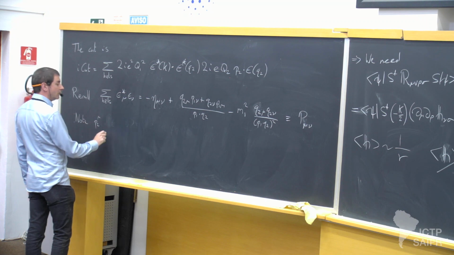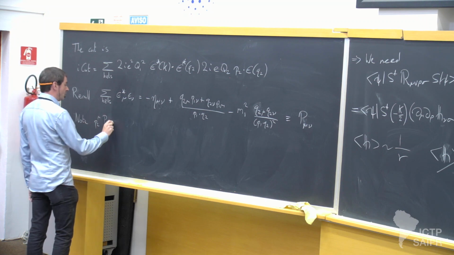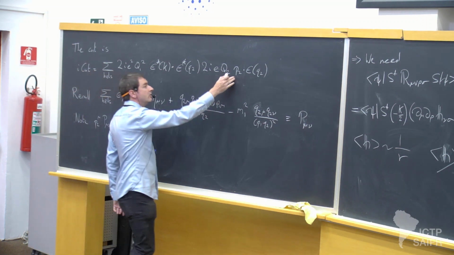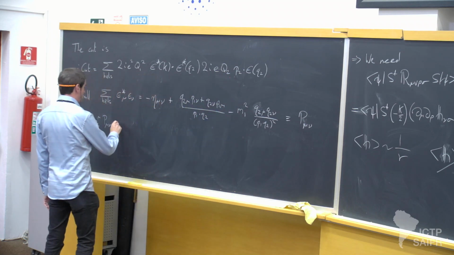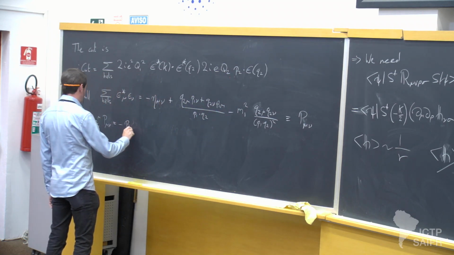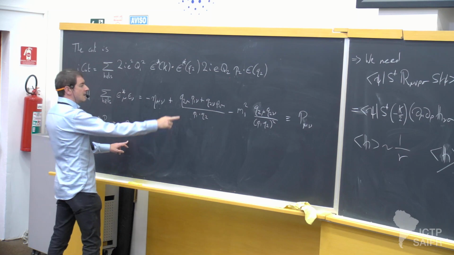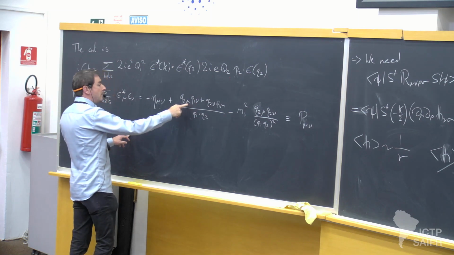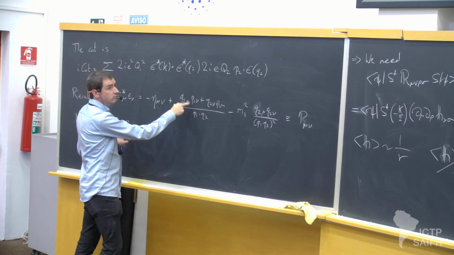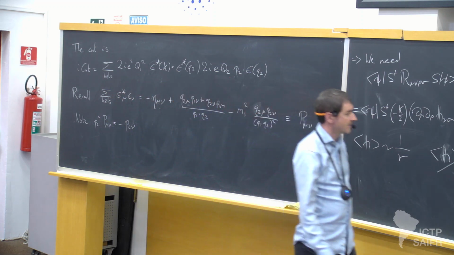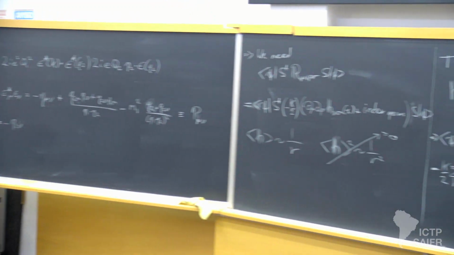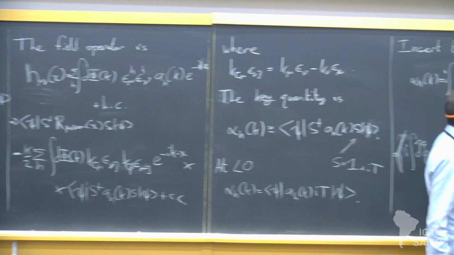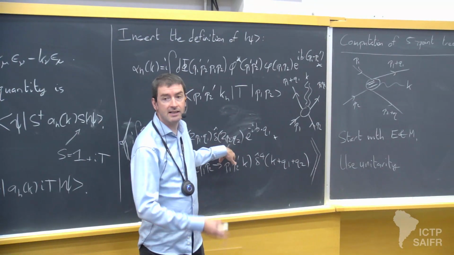So note P2 mu, P mu nu. This P2, now that I'm dotting it in, is going to be minus P2 index nu. Now, P2 dot Q2 equals 0. That's from these delta functions here. I don't have to worry about any classically singular stuff here.